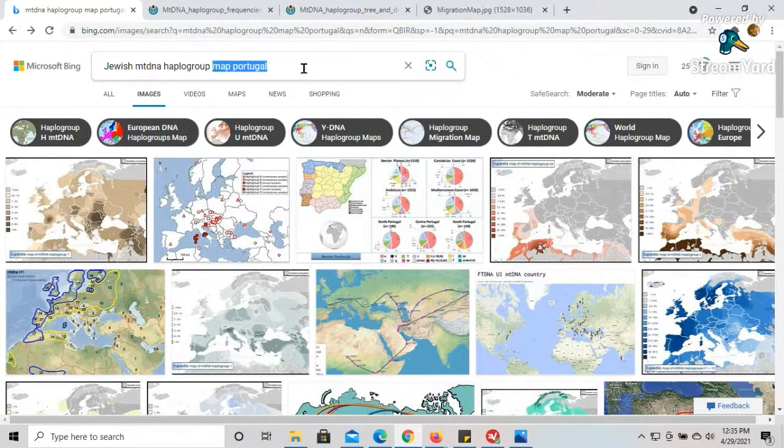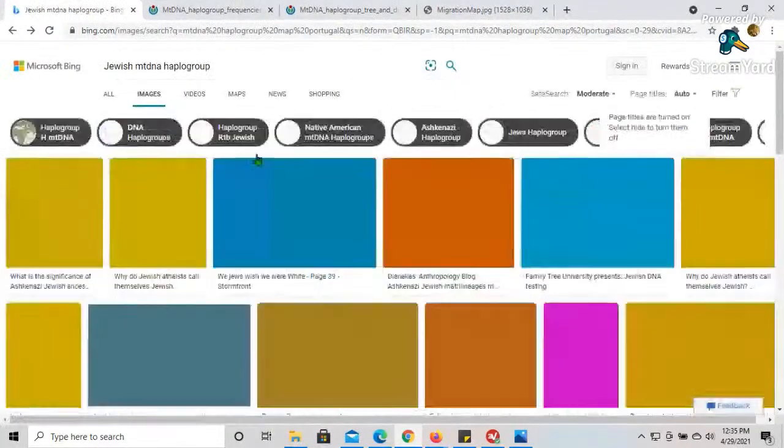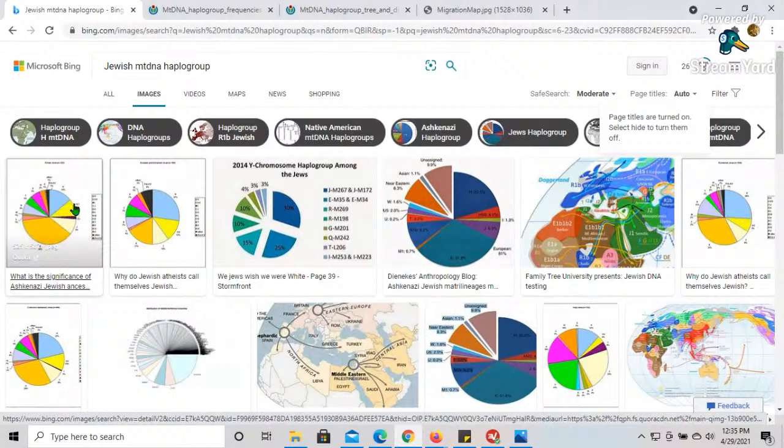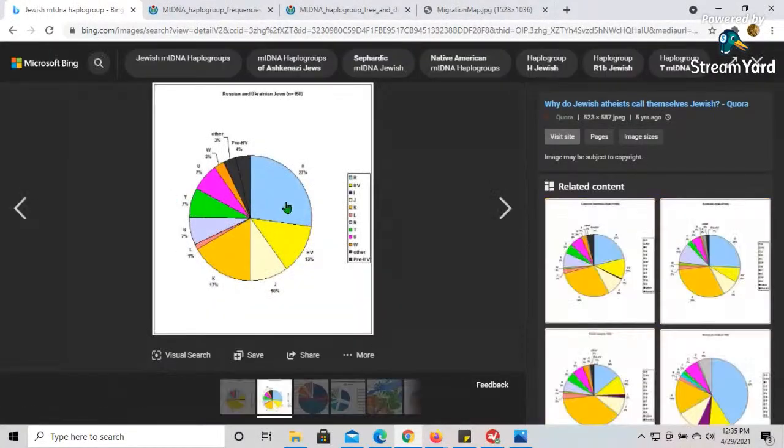So we'll just pick the first one. This is Ashkenazi. This is, okay, this is basic. Oh, this is Russian and Ukrainian. It doesn't matter.